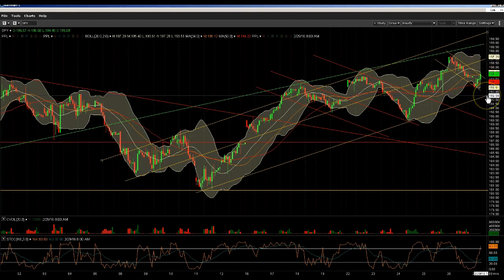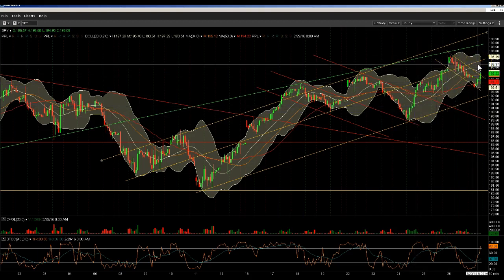We know what the lower end is, around 192.54. If we drop from here all the way down there, that's a good 150 to 200 points on the Dow. If we break that, all bets are off. At that point, this upside channel that we're seeing in the form of the waves, the Bollinger curves, the Bollinger Bands, gets broken.